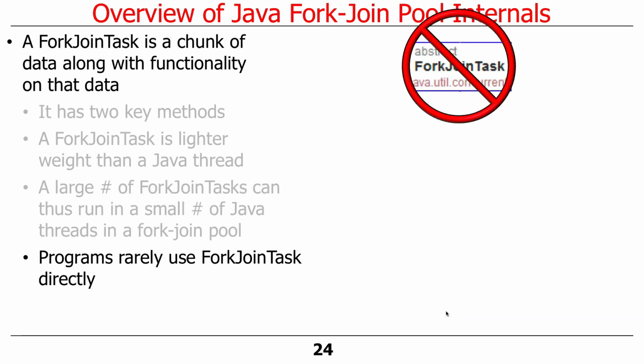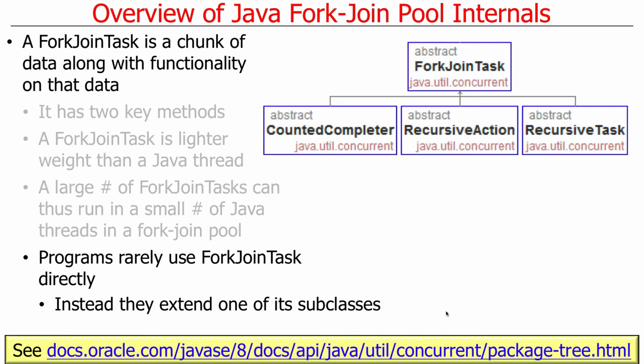Programs almost never use ForkJoin tasks directly, although there are some clever things you can do if you program in such a way where you can access other things through a ForkJoin task interface. Instead, they extend and implement one of its subclasses. Most commonly for our purposes, it'll be this thing called Recursive Task. So we'll see that Recursive Task is what we'll use and what you'll end up using.